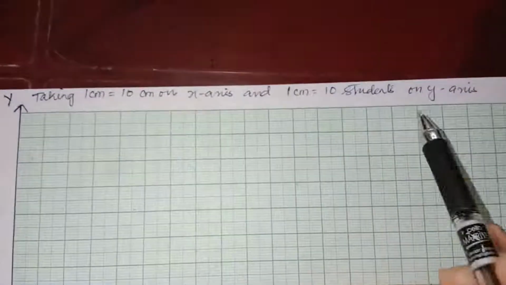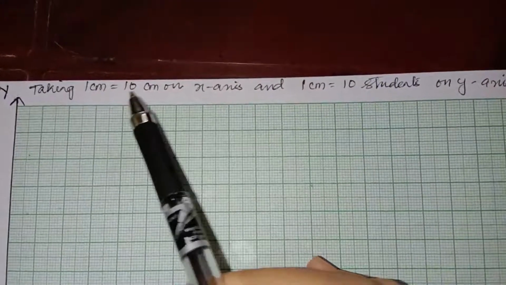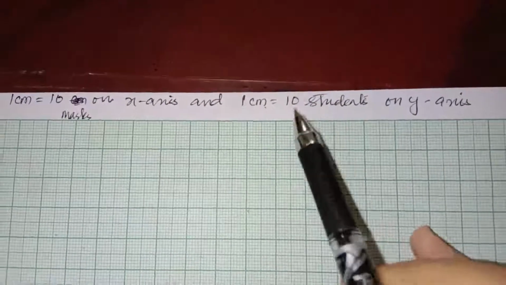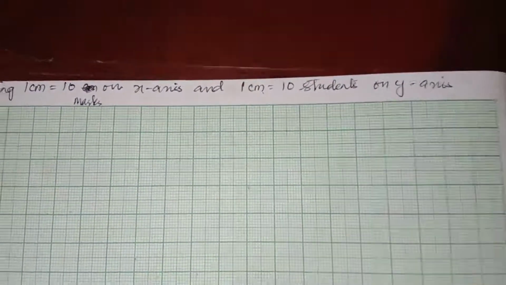But it is mandatory to mention here: taking 1 centimeter equals 10 marks on the x-axis, and 1 centimeter equals 10 students on the y-axis.